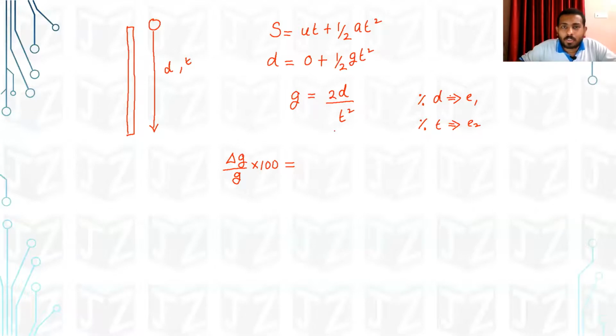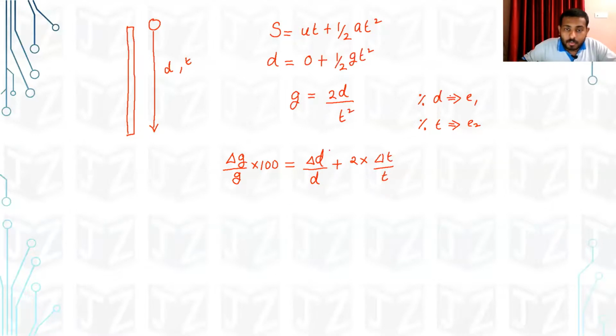This 2 is a constant, right? So therefore it has no change, and we can neglect it. Or if you write delta 2 by 2, it will get 0. And we have delta d by d plus, here t is raised to power 2, so 2 into delta t by t.